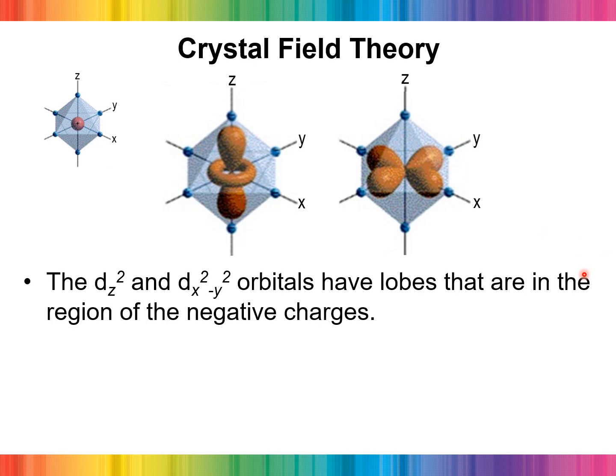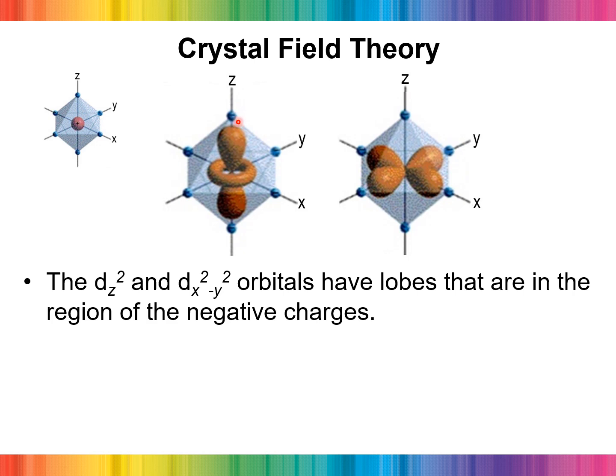Now for these two particular orbitals, their lobes are within the region of the negative charge. So if you look closely, the dz square lobes have a head-on orientation towards the negative point charges. And take note, orbitals are supposed to be negative charge because of the presence of electrons inside.